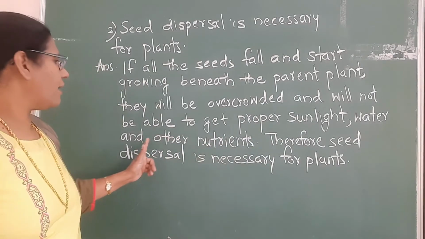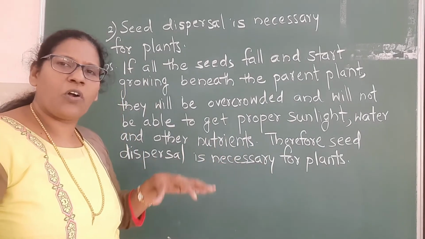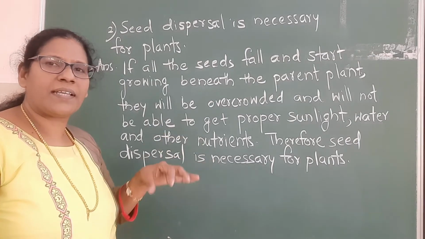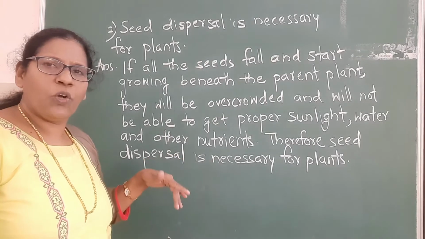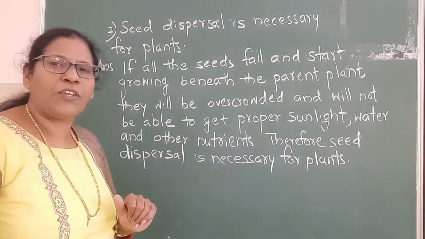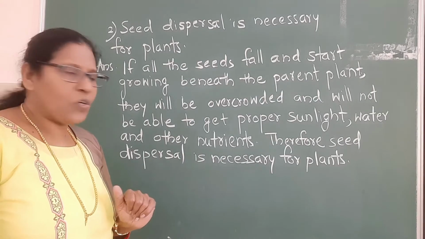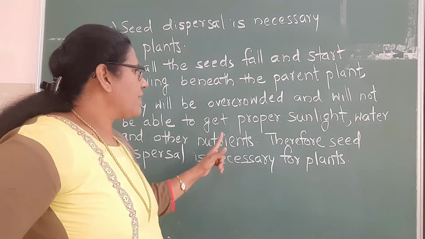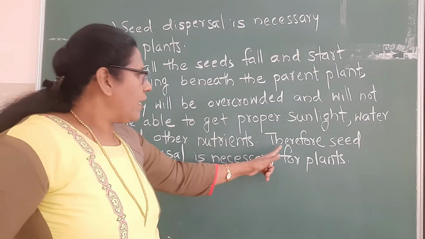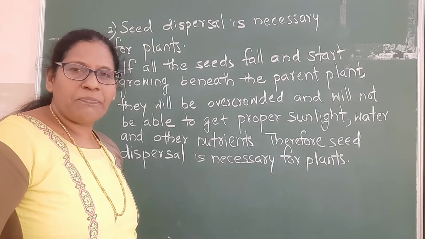Then water and other nutrients: they won't get sufficient water and nutrients because too many young plants are growing. So it is not sufficient for them, and therefore seed dispersal is necessary for plants.